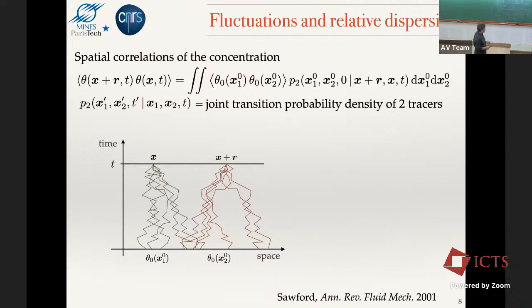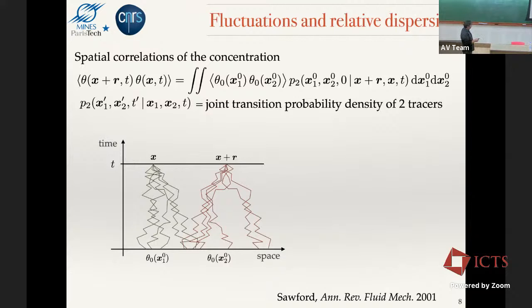So now let's assume that you want to compute the correlation of the scalar at 2 different points. Basically, you can remember each theta, I can write it through the integration backward in time of my tracers, for different realizations of my noise.